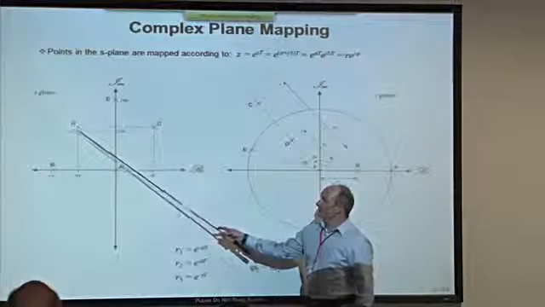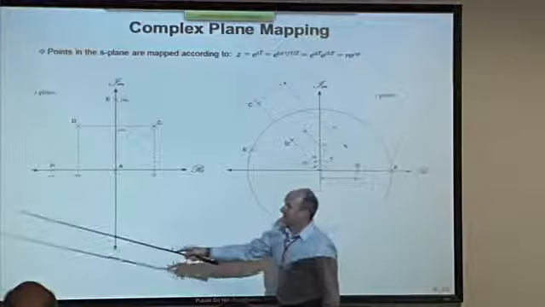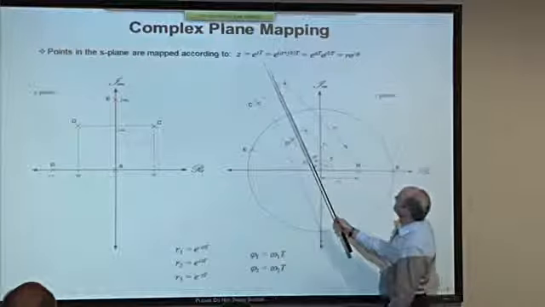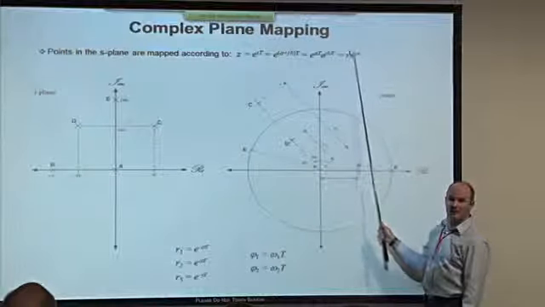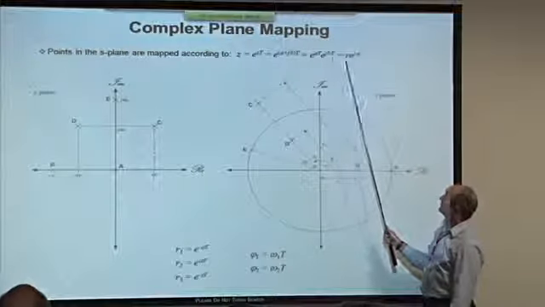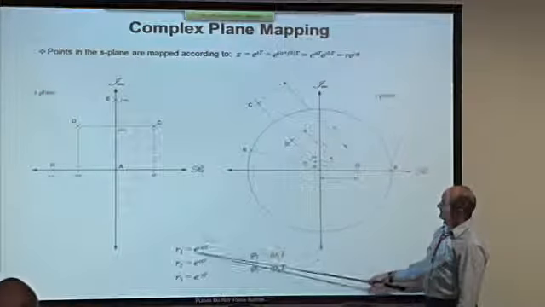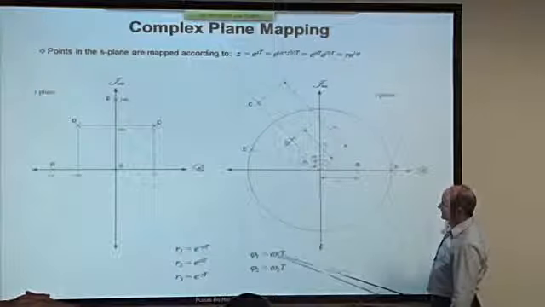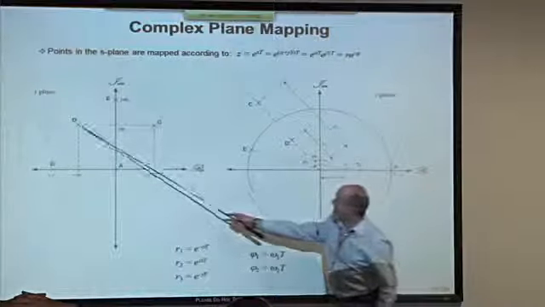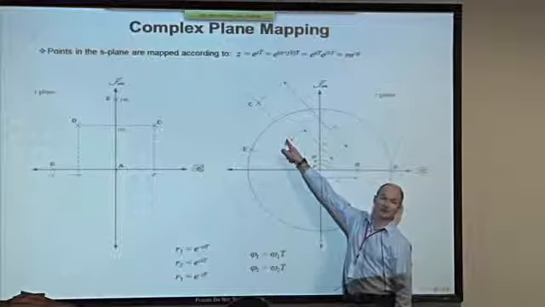And all we do is apply minus sigma plus j omega 1 into z equals e to the st, so you just pop it straight in there, and you end up with a polar form of complex number where the magnitude r is e to the minus sigma t, and the angle, in this case phi, is omega 1 times t. So point D ends up over here.